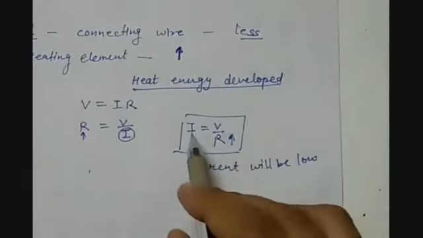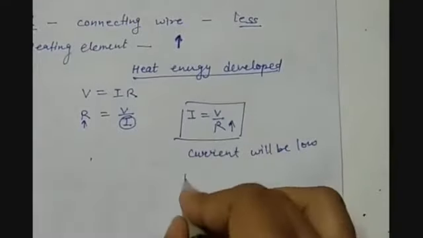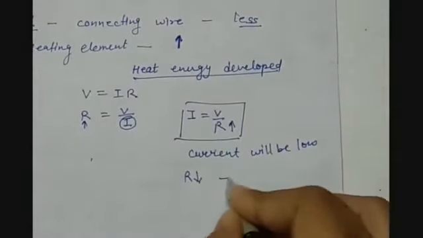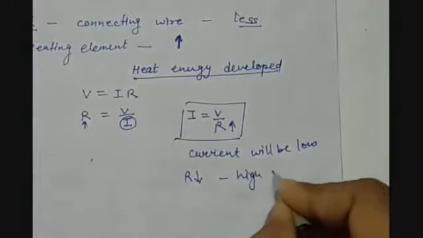High resistance, less current will flow. If the resistance is low, then high current flows through the circuit.